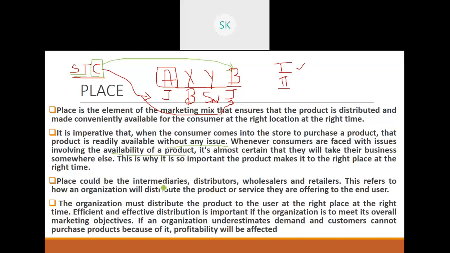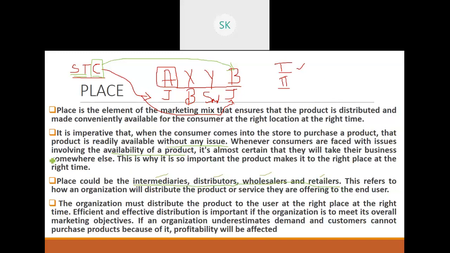Okay, place would be intermediaries. Now, place also includes the place of intermediaries, that is, people who supply the products, then distributors, then you'll have wholesalers and retailers. So, place means the place of intermediaries, place of distributors, wholesalers, retailers. Everybody will be included.